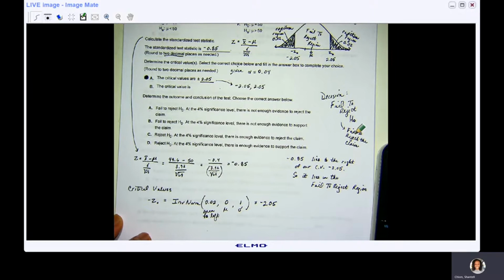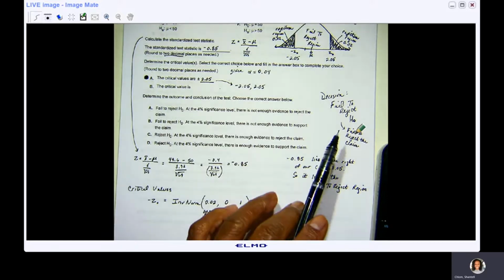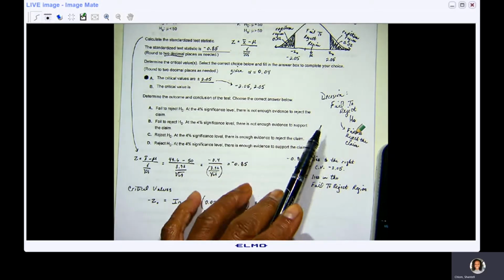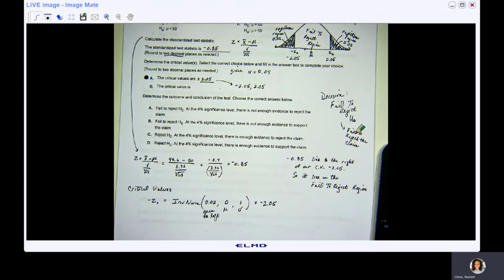Okay? If you have to, go back to how you interpret your decisions. That was in 5.1 also. It was a little table that I created, and I displayed it on the video in 5.1. So you may want to go back to that to make sure that you understand the interpretation of this decision. Whenever your claim is H naught, your interpretation is written in terms of reject.